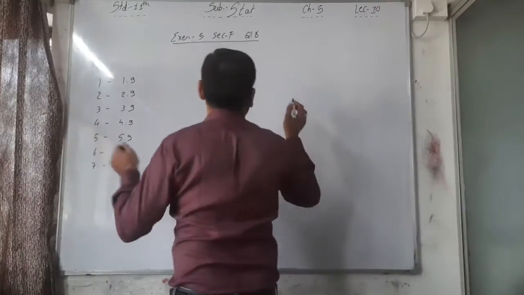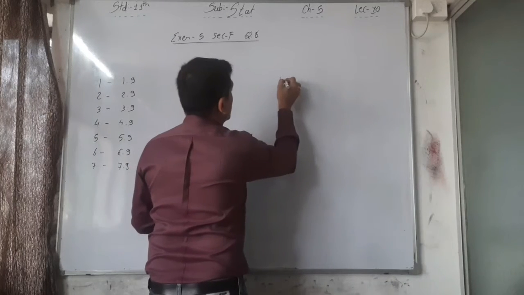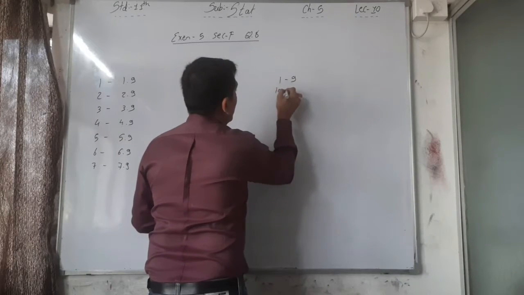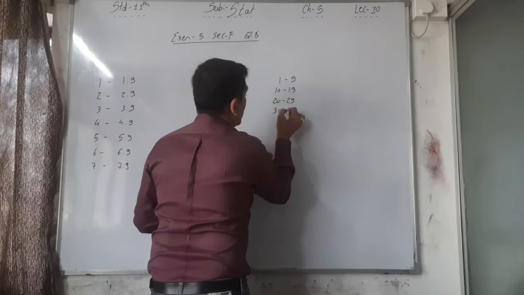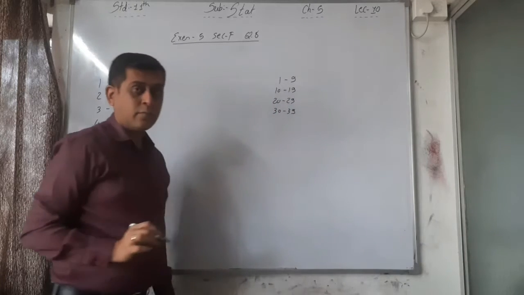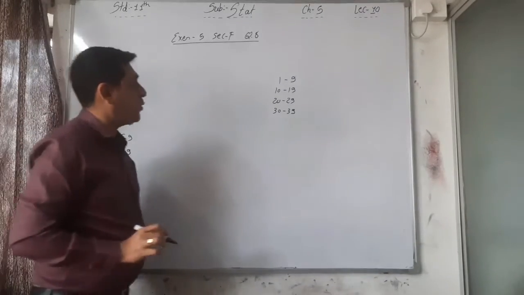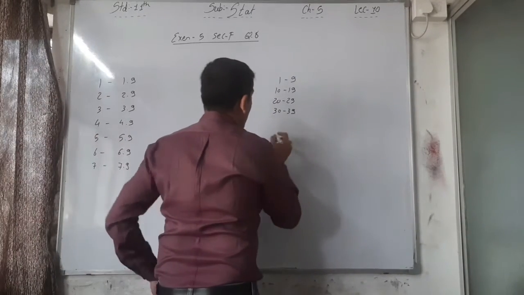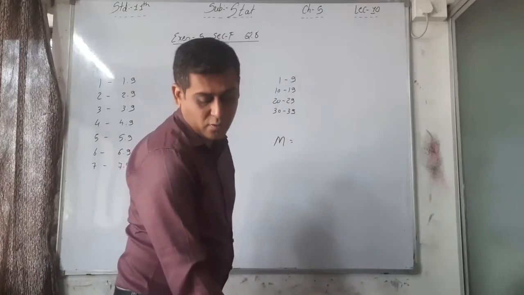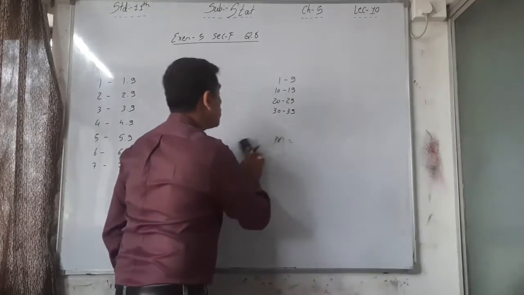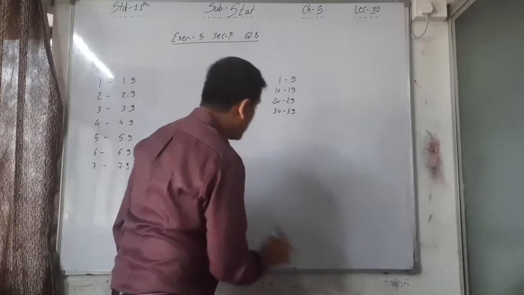See, up to this, the class is given like this: 1 to 9, 10 to 19, 20 to 29, 30 to 39. Okay, inclusive type of data is given like this. And to find out median, which method do we have to use? Pauli, to find out Q1, Q2 and Q3.